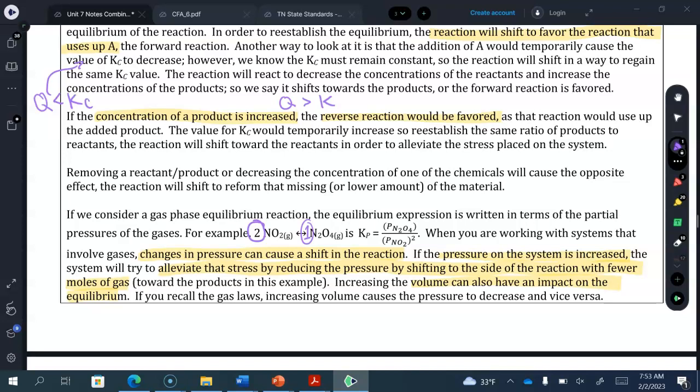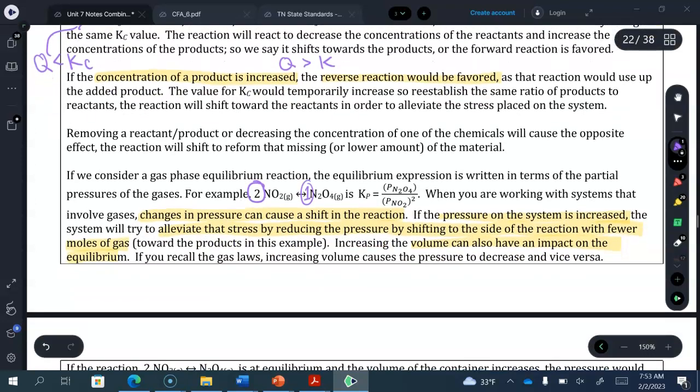If we increase the volume, it can also have an impact on the equilibrium. If you recall in the gas laws, increasing volume causes the pressure to decrease and vice versa. So if we increase pressure or decrease volume, it's going to shift towards fewer moles of gas.